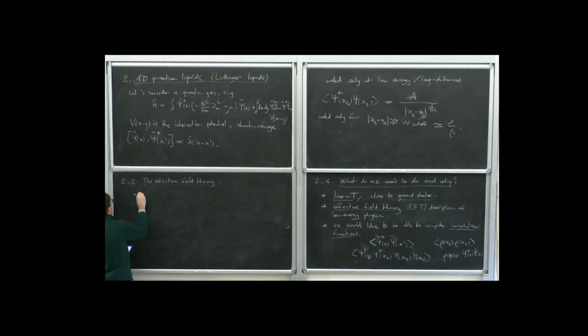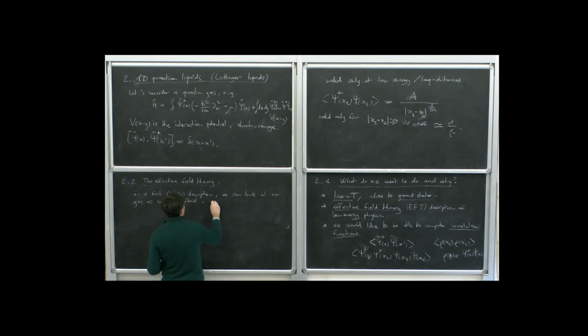As a first crude description, we can view our system, our gas, as a continuous fluid, described by its density, atom density or particle density, with a density rho of x defined as psi dagger psi.